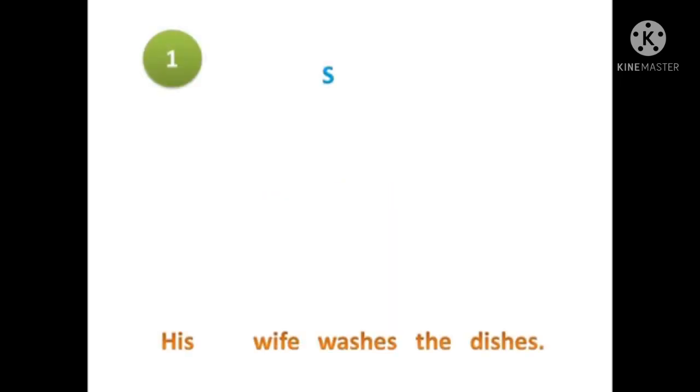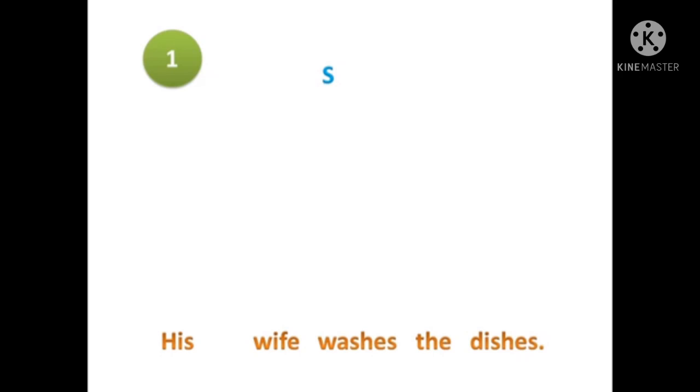Now we want to analyze sentences using tree diagrams, starting with simple sentences. The first example: his wife washes the dishes. There are 5 words, namely his, wife, washes, the, dishes.